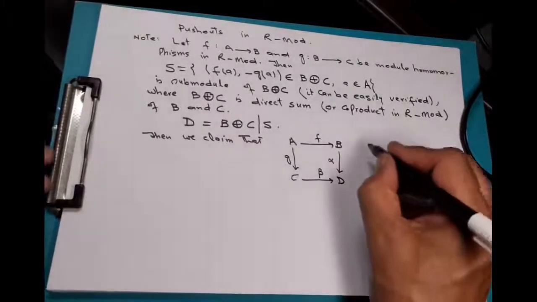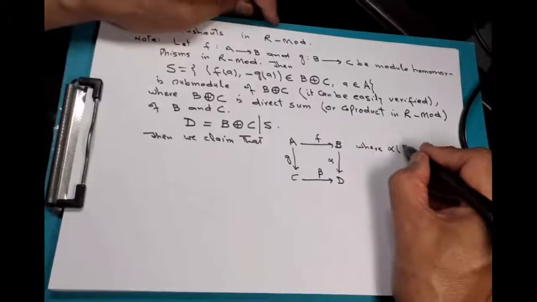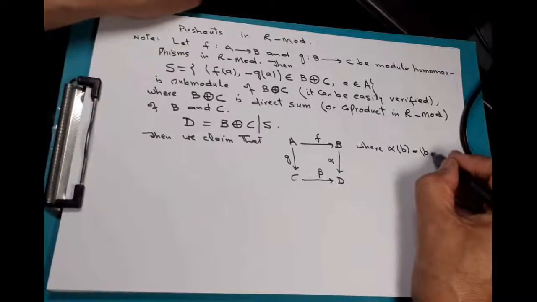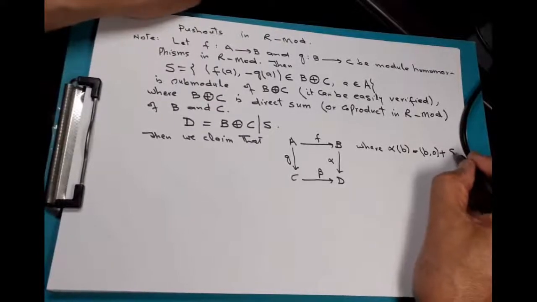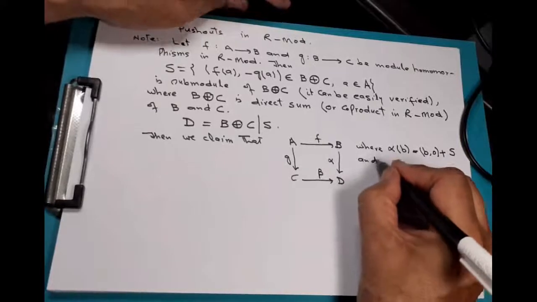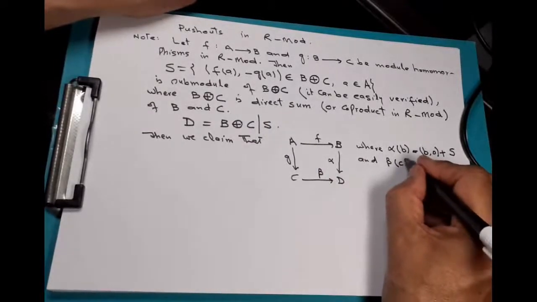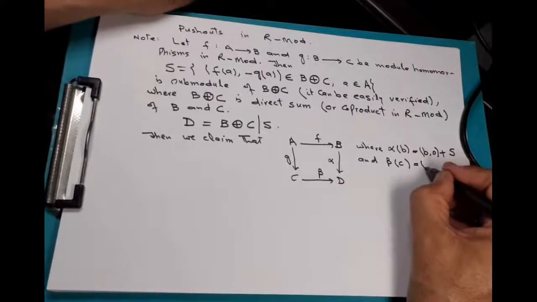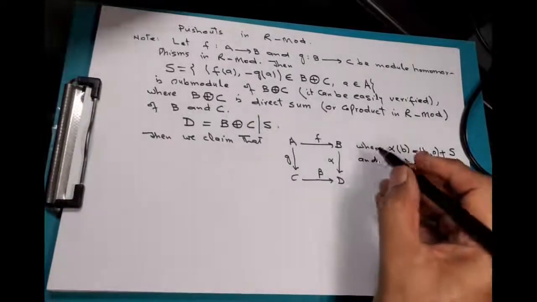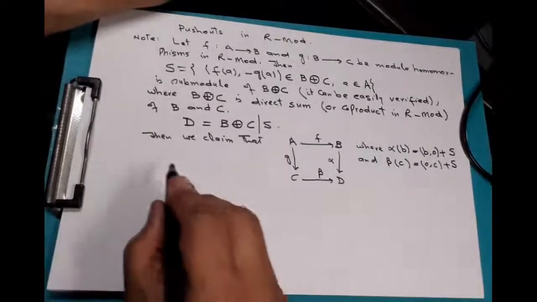Let's see what alpha and beta are, where alpha, the effect of alpha on any element b of B is given by (b, 0) plus S, that is the coset of S with (b, 0), and the effect of beta on any element of capital C, let's write it as c, is given by (0, c) plus S, that is the coset of S with (0, c). So this is the way we define module homomorphisms alpha and beta, and we claim that this particular diagram commutes.